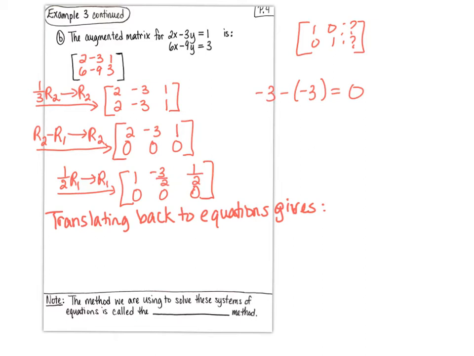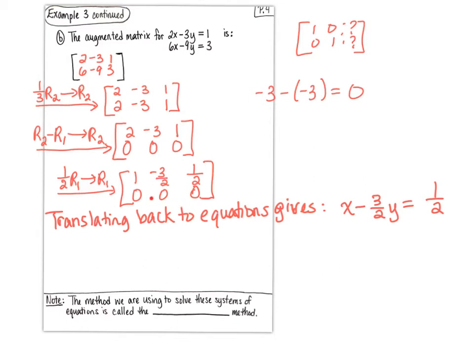So that gives us x minus 3/2 y is equal to 1/2. Here, the second equation is just 0 equals 0. That's all you get there.